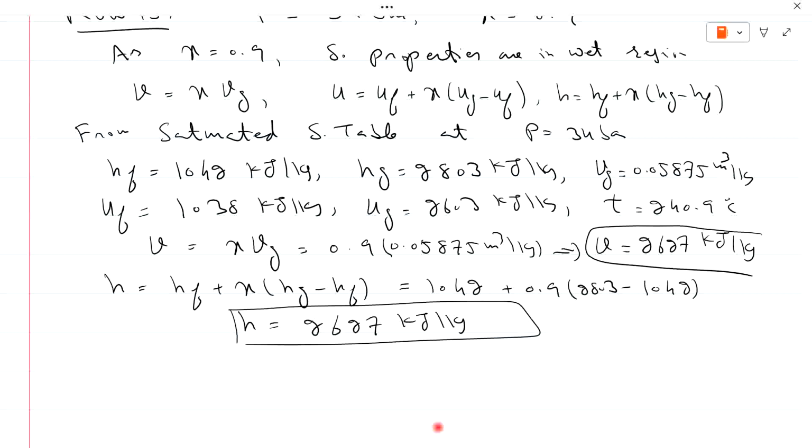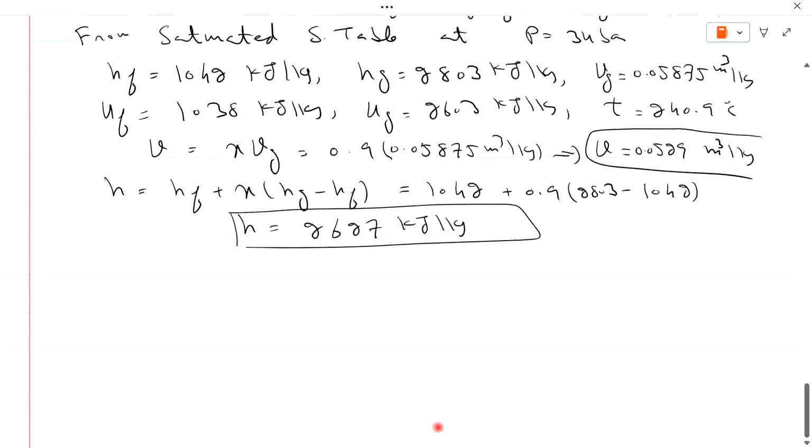And this value is now for V. This value of V is 0.0529 meter cube per kg. And find U is equal to Uf plus x(Ug minus Uf).